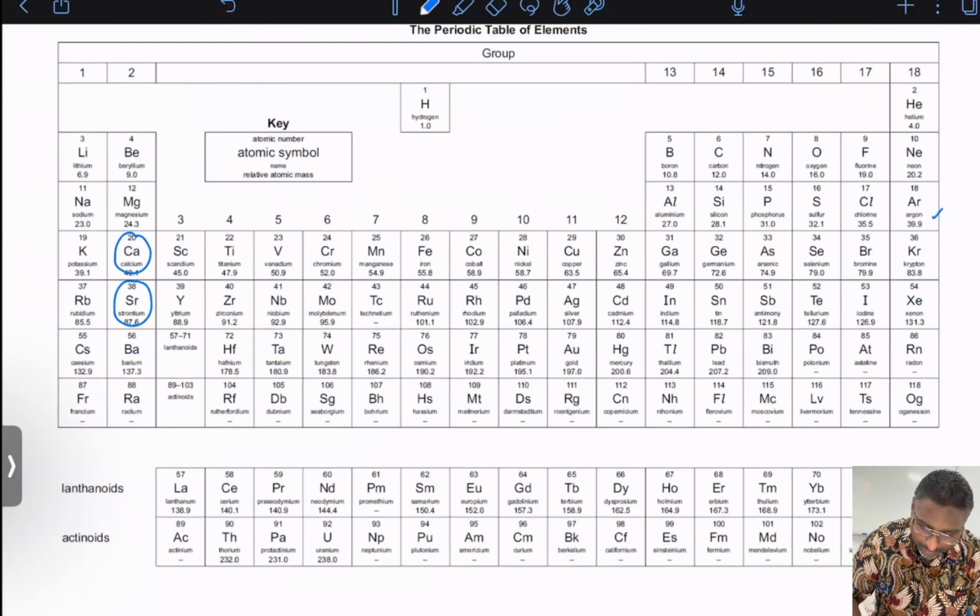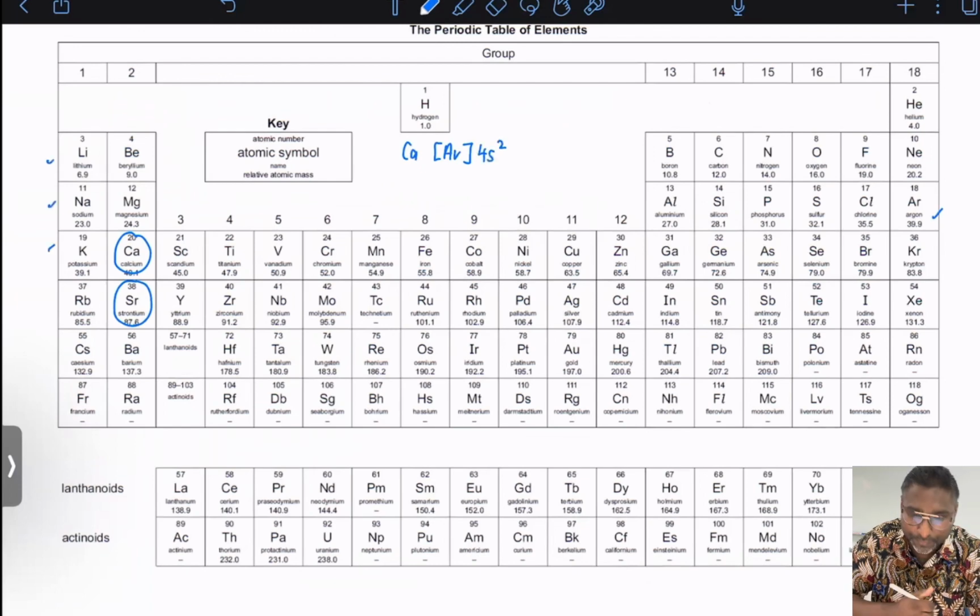So for calcium, I'm going to use argon, and then after argon, 4s2. And then for strontium, we look at krypton, then after that 4s2 also.